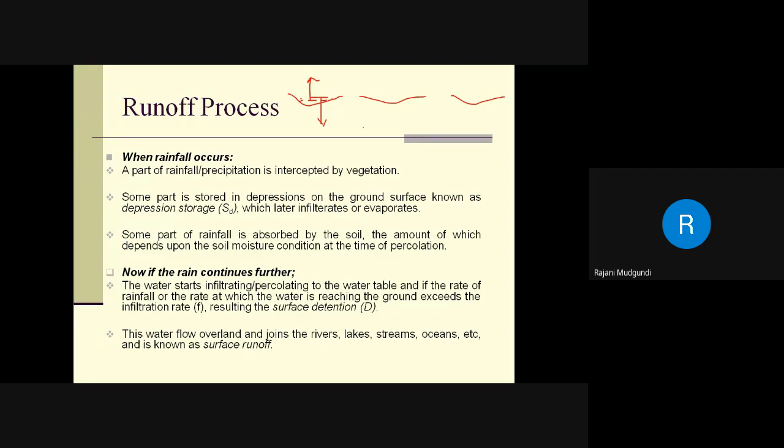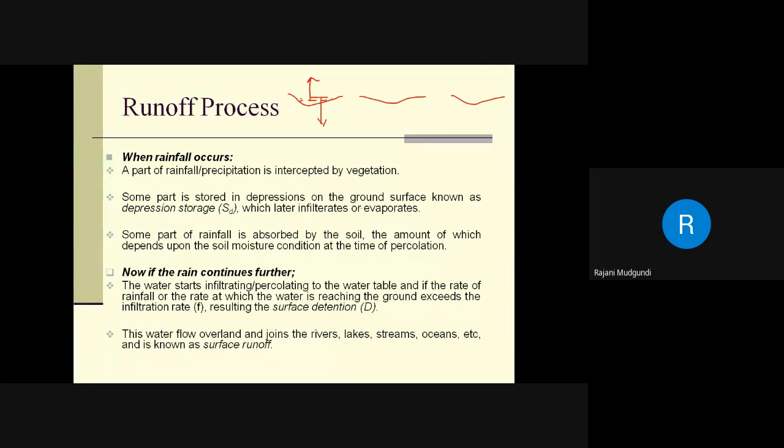Now if the rain continues further, the water will start infiltrating or percolating to the water table. The water will continuously infiltrate into the soil and slowly join the water table. And if the rate of rainfall, or the rate at which the water is reaching the ground, exceeds the infiltration rate, it results in surface detention.